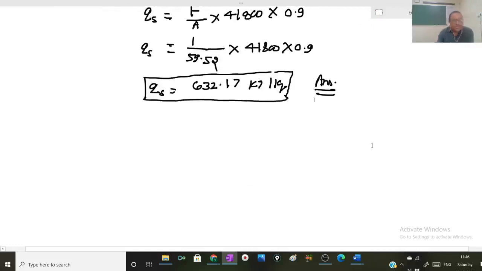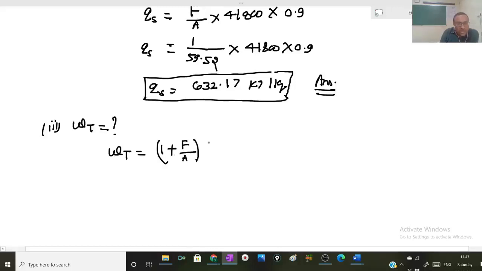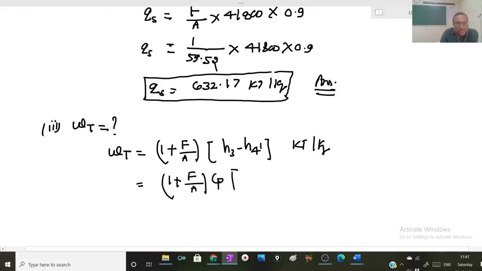Now point number 3 is turbine work. Since I am considering the mass flow rate of fuel, turbine work can be given as (1 plus F by A) into (H3 minus H4 dash) in kilojoule per kg, or (1 plus F by A) into Cp into (T3 minus T4 dash).